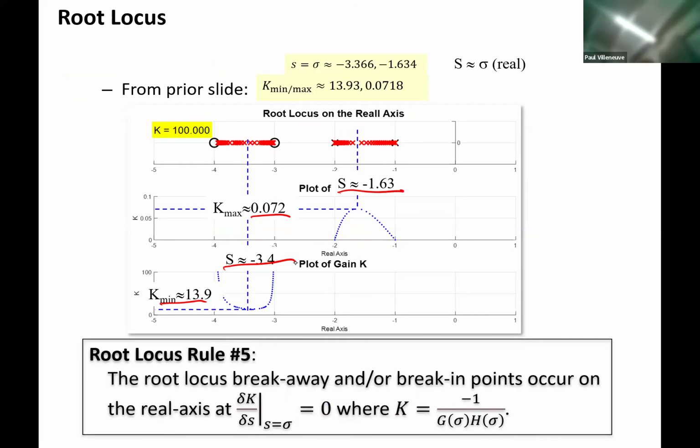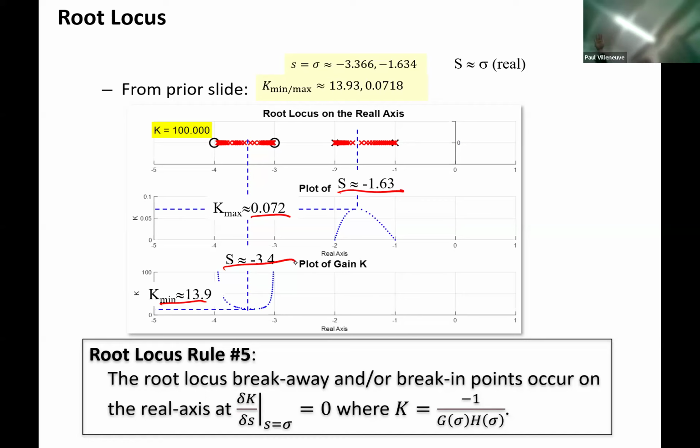So that's rule number 5. Now, do you always have to employ rule number 5? No. If you never leave the real axis, why would you calculate break-in or breakaway points? So what we're trying to do is go step by step, because this is our 5th rule. There are a lot of rules, and if you can go through them, hopefully in order, you might be able to simplify your work.